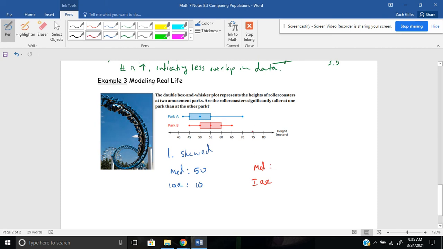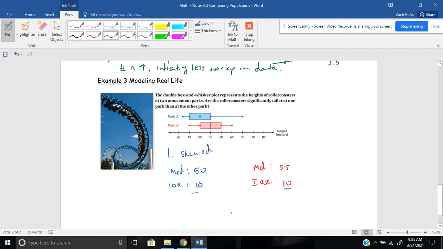The median for Park B is at 55. And the interquartile range, 60 minus 50, is 10 again. So because the variabilities are similar, the interquartile ranges are similar, you can describe the visual overlap by expressing the difference in the medians as a multiple of the interquartile range.